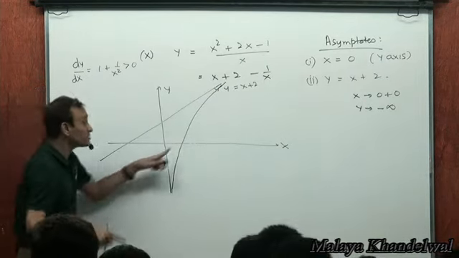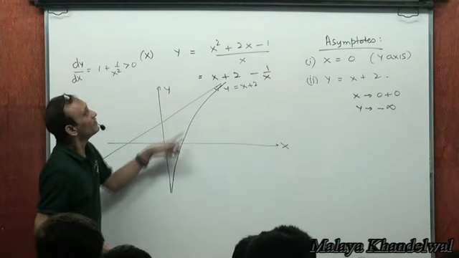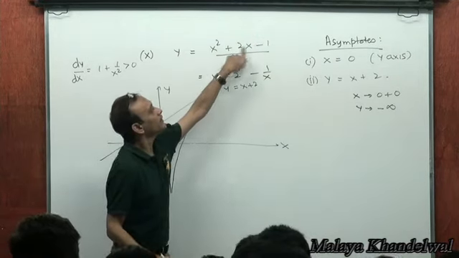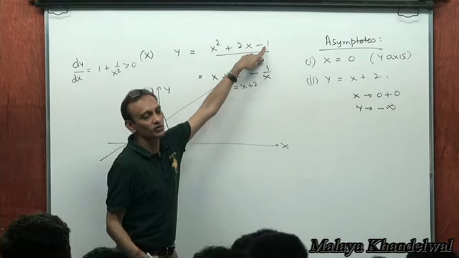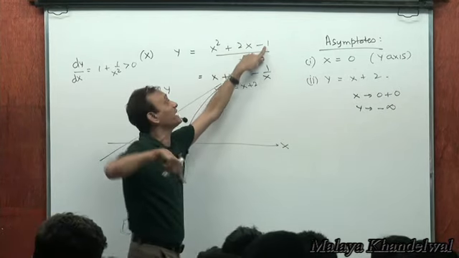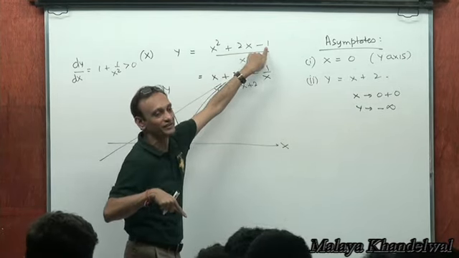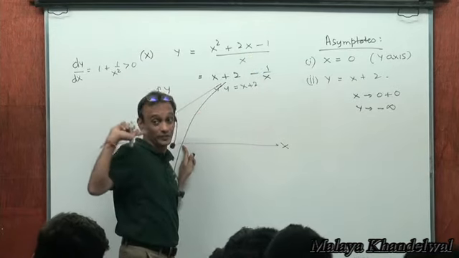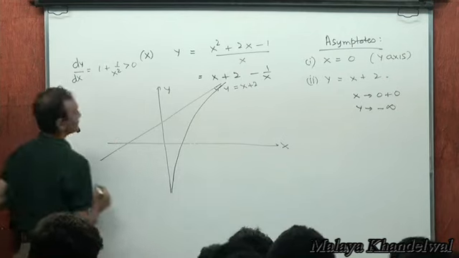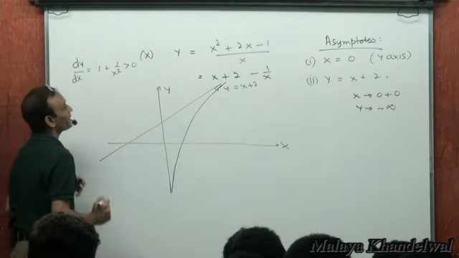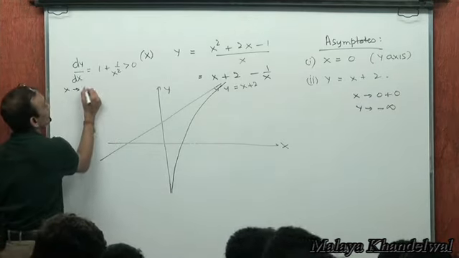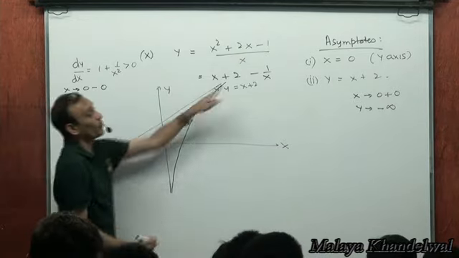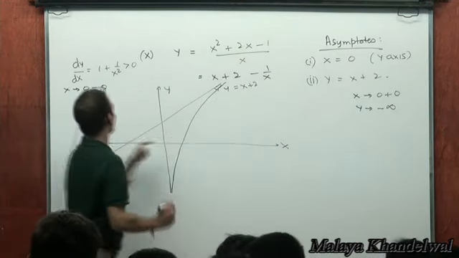And therefore, you would expect one root of this somewhere here, which you can obtain by x squared plus 2x minus 1 equal to 0. It gives two roots, one positive and one negative, because the product of the roots is negative. As x tends to 0 from the less than 0 side, y will tend to plus infinity.